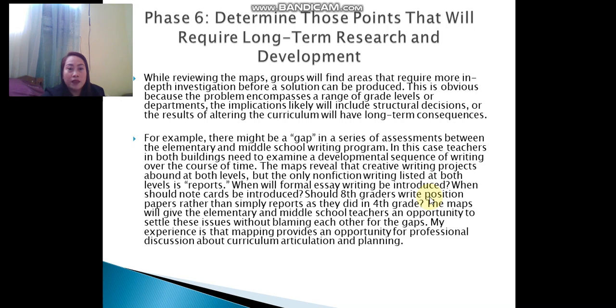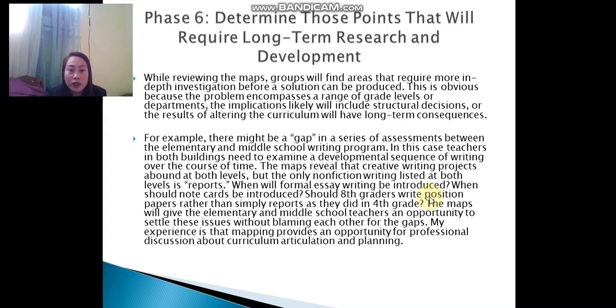For example, there might be a gap in the series of assessments between the elementary and middle school writing program. In this case, teachers in both buildings need to examine the development sequence of writing over the course of time. The maps reveal that creative writing projects appear at both levels, but the only nonfiction writing listed above a certain level is reports.